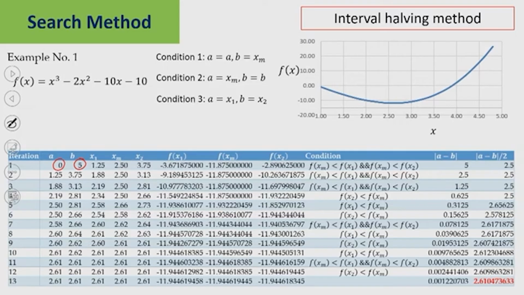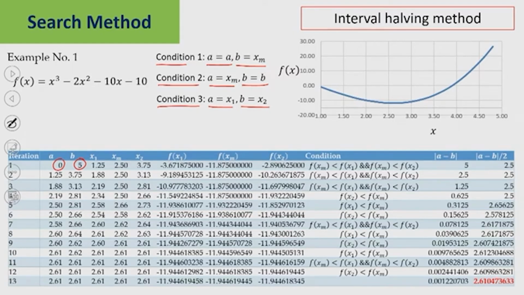If condition 1 is true, then A equal to A and B equal to x m. If condition 2 is true, then A equal to x m, B equal to B, and if condition 3 is true, then A equal to x 1 and B equal to x 2.